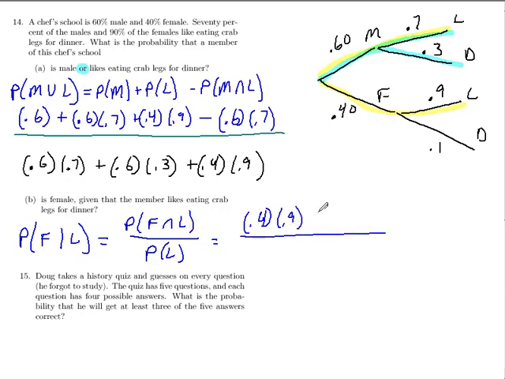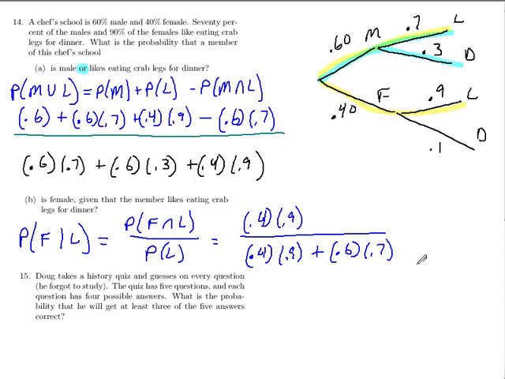So female and likes crab legs, it's this one branch right here. And then divide by the probability of liking crab legs, it's all the branches that end in L.